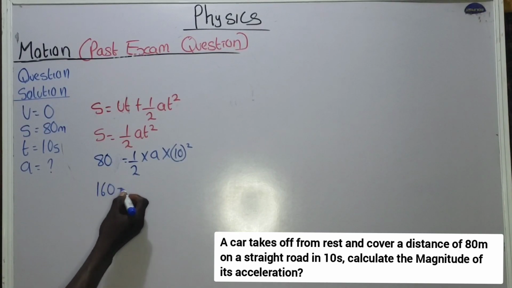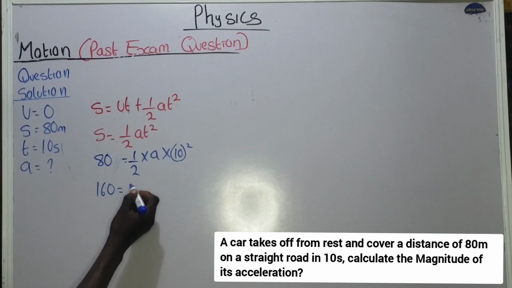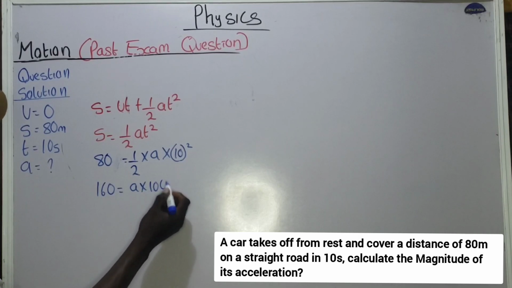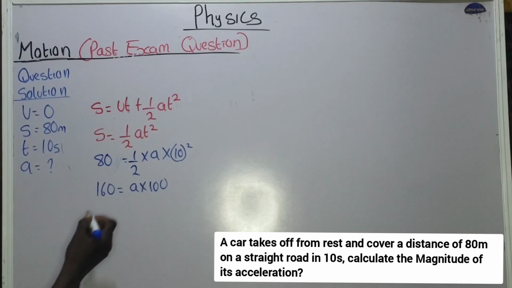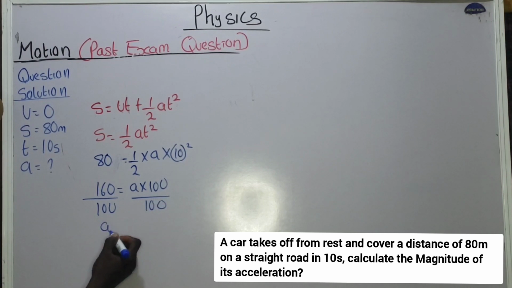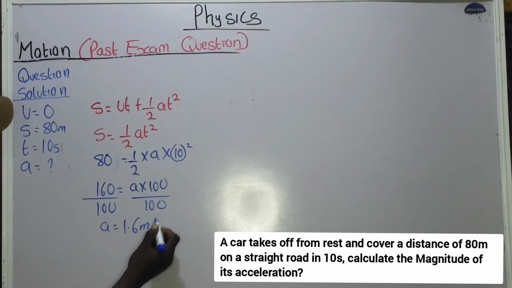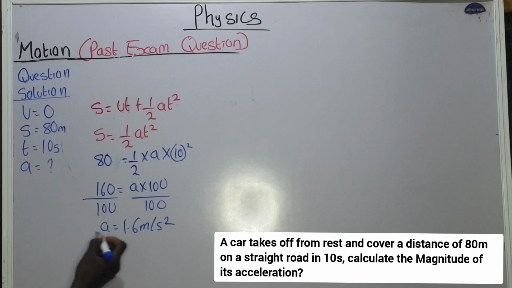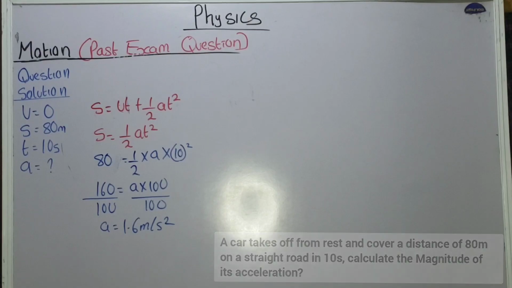So I'm going to have 160 equals a multiplied by 100, because 10 squared is 100. Divide both sides by 100. A equals 1.6 meters per second squared. So the magnitude of the acceleration is 1.6 meters per second squared.